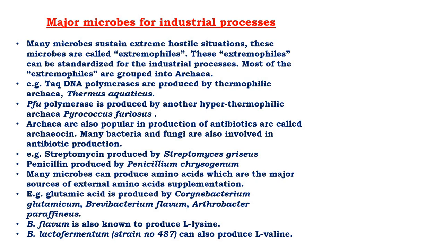Brevibacterium flavum is also known to produce L-lysine, and Brevibacterium lactofermentum strain number 487 can also produce L-valine. So you can see that different species of Brevibacterium can produce different types of amino acids. We can easily modulate this metabolic activity for our target compound. This is the beauty of microbes in industrial application.